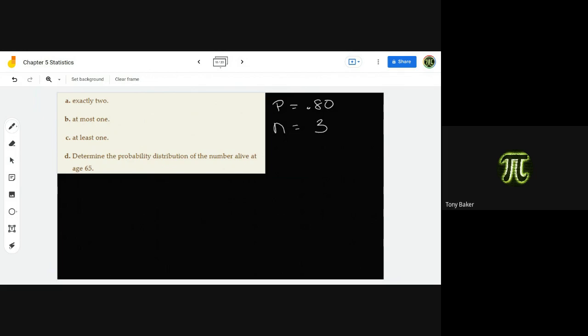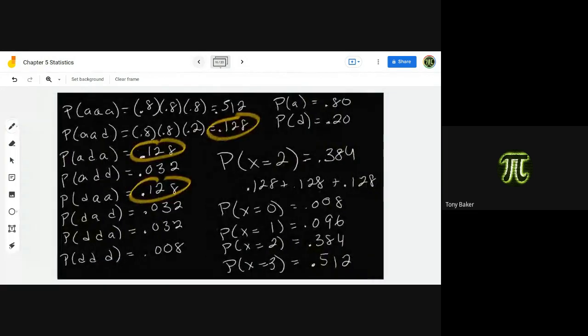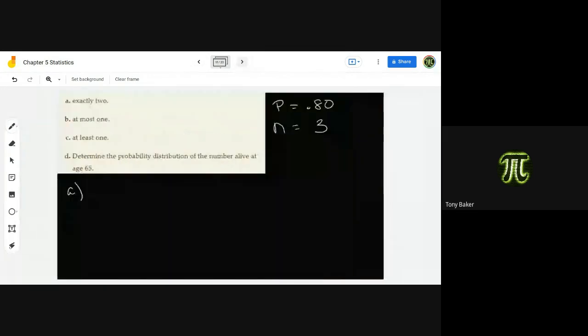All right. So for A, we want exactly 2. Now we did that calculation already, right? That was, what was it, 0.7 or 384. So we already did that calculation. The number we get here should equal the exact same thing. So we want exactly 2. So I'm going to have my NCR. So I'm going to do 3 choose 2.